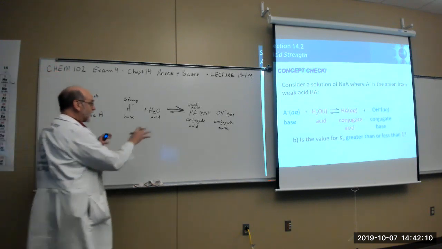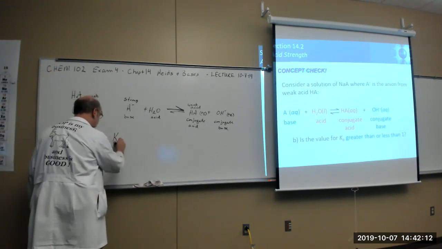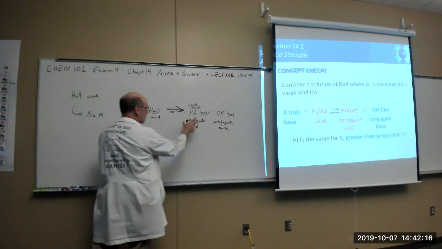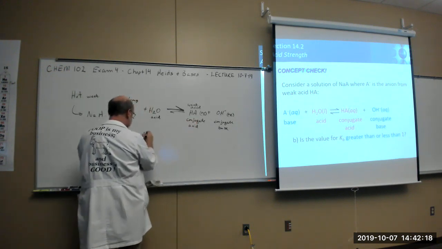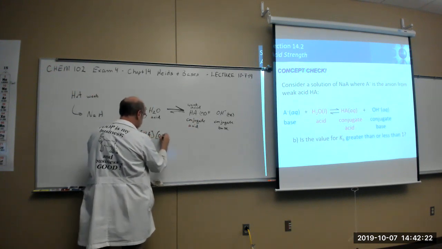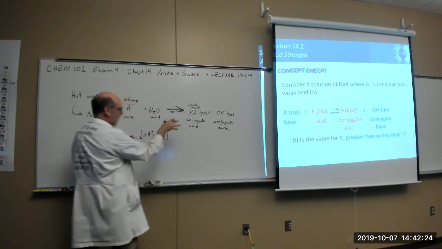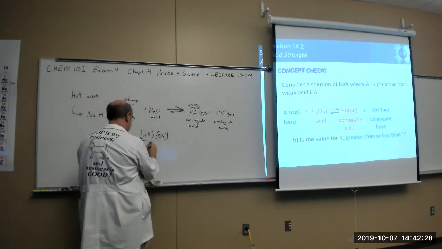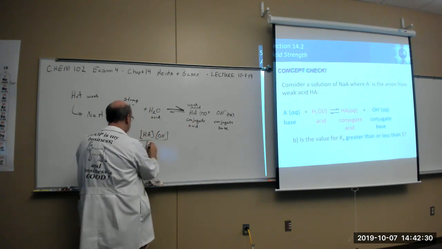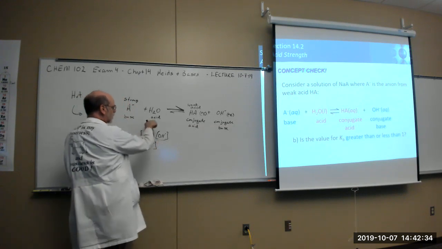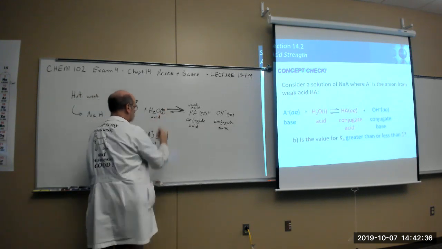So we can write a Kb expression for this. So we have the conjugate acid concentration at equilibrium. We have the OH minus, the hydroxyl. We have the reactant side, like that. And that doesn't count because it's a pure liquid, right?